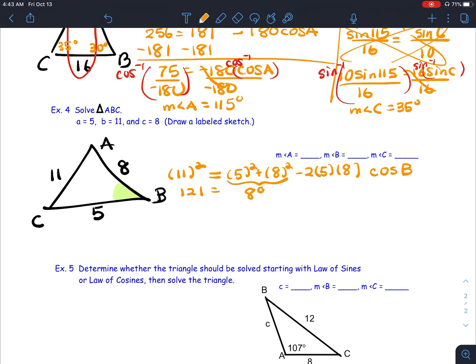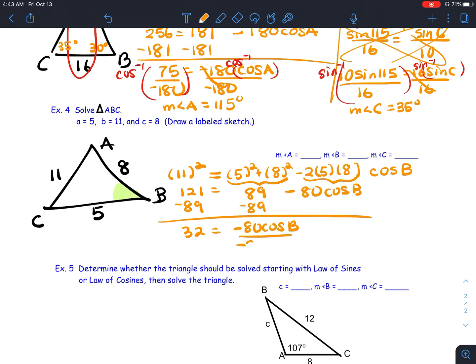It gives us 89. And multiply those. And divide by negative 80. And then at the end, inverse cosine.